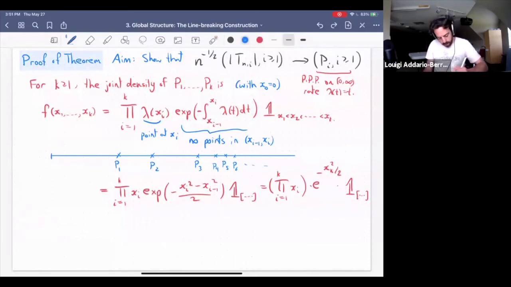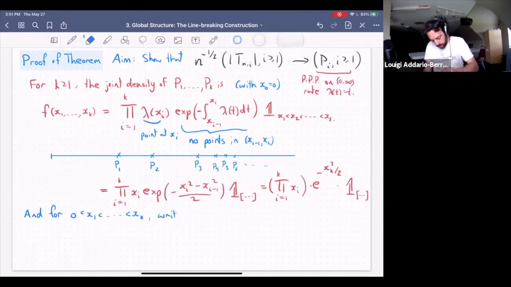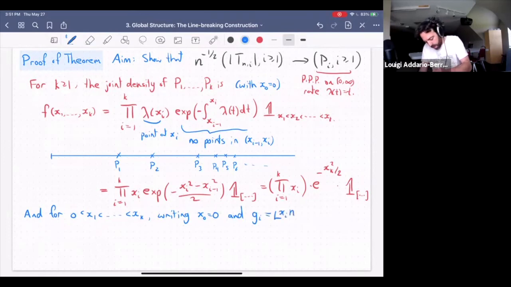And now let's do what I said we would do, which is work out the asymptotic joint density for these branch lengths on scale n to the half. So x0 equals 0 still. And then I'm going to take gi, like the g's from before, to be xi n to the half minus xi minus 1 n to the half.